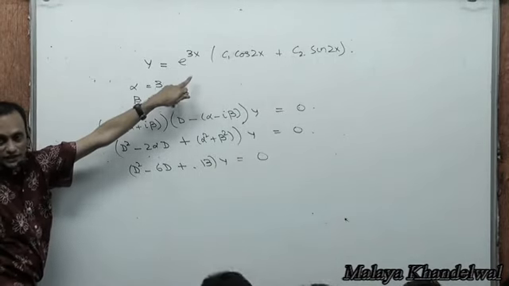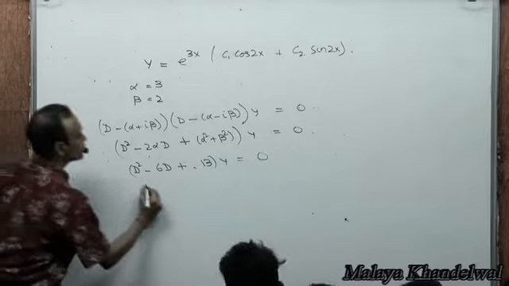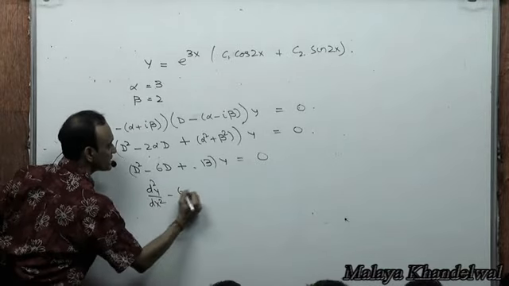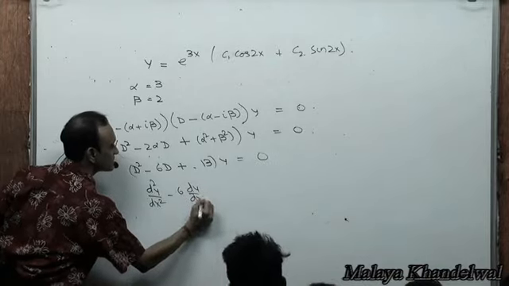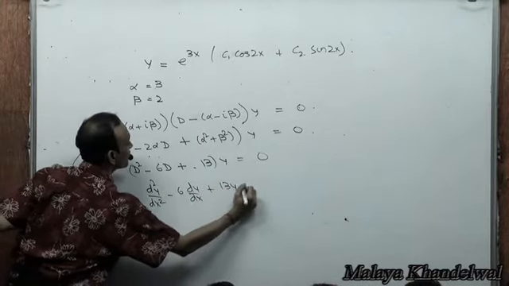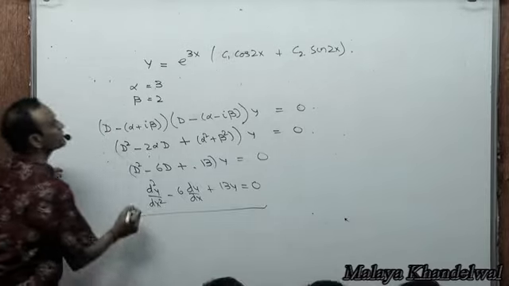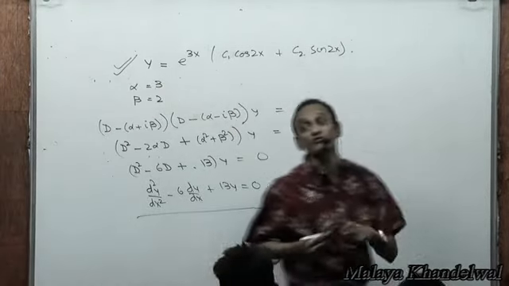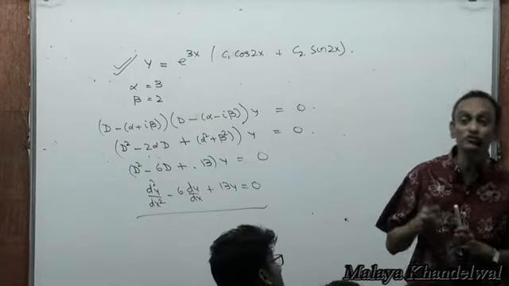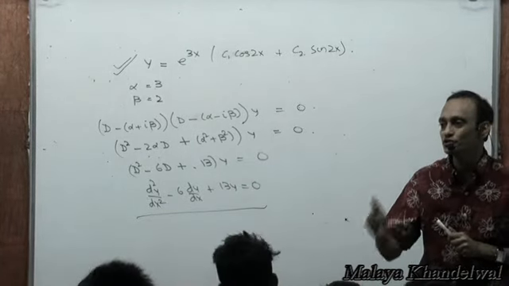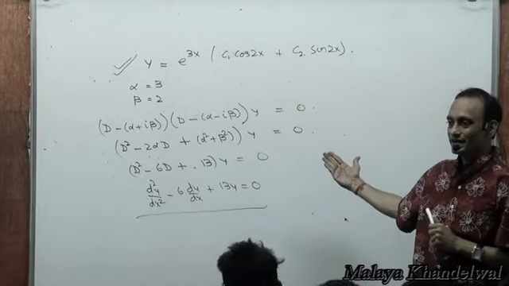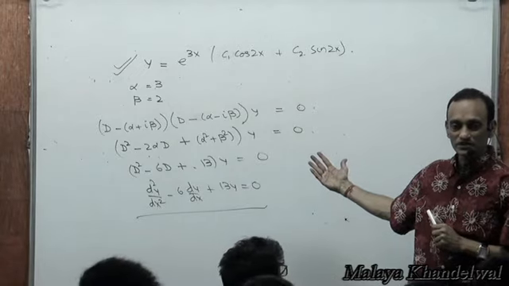So d2y/dx2 minus 6 dy/dx plus 13y equal to 0 is the differential equation whose solution is this. Two arbitrary constants, otherwise you would have had to differentiate twice to eliminate two arbitrary constants. Now you can just go ahead and work on this premise.